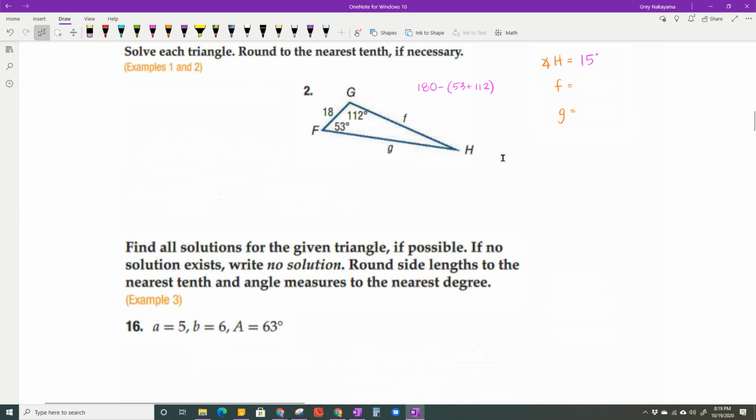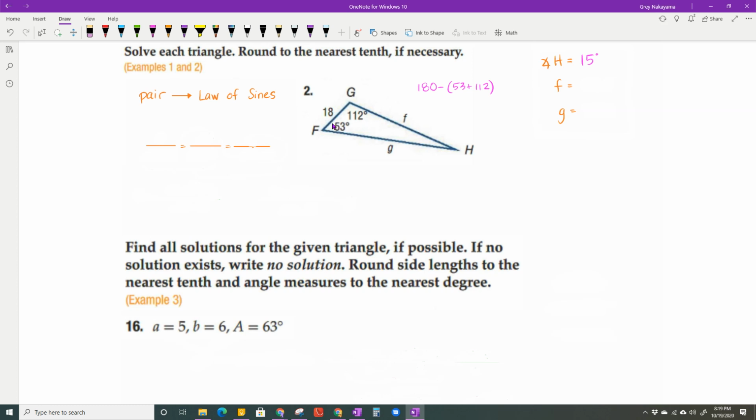So now I have a pair, and since I have a pair, I can now use the law of sines to solve my triangle. So I have big H, which is 15, and I have the side opposite, which is 18. Now, I'm going to tell you, when I do this, and I'm showing you how to make this very simple for you to set up, I always put the one that I know in the middle.